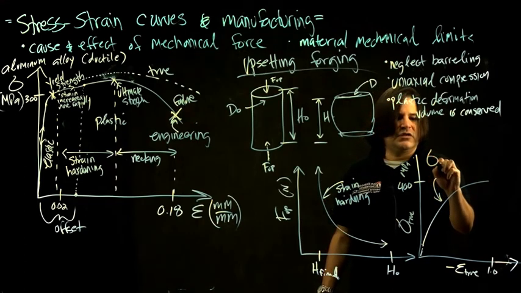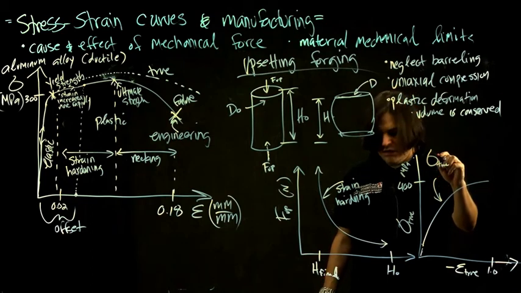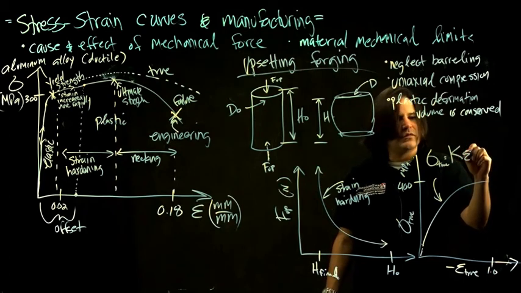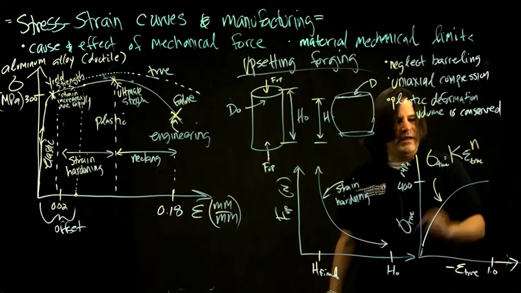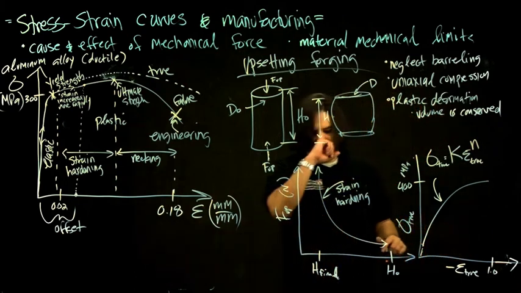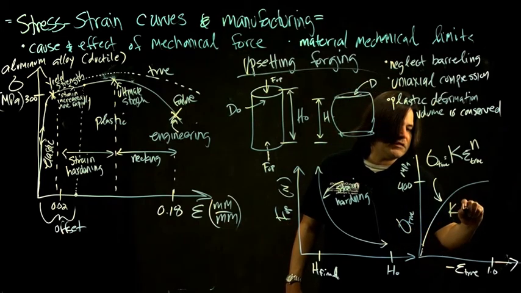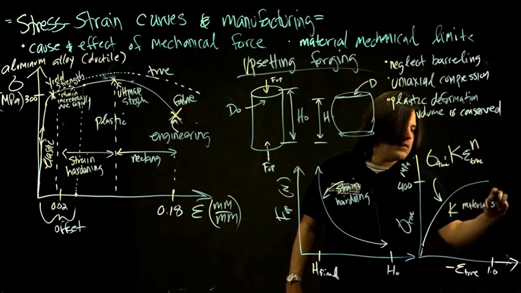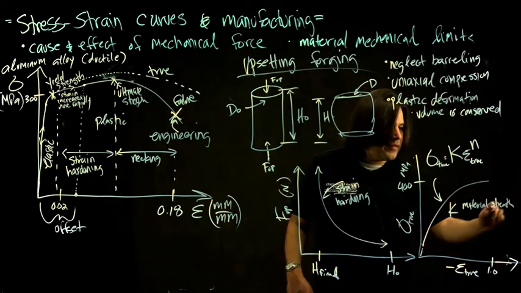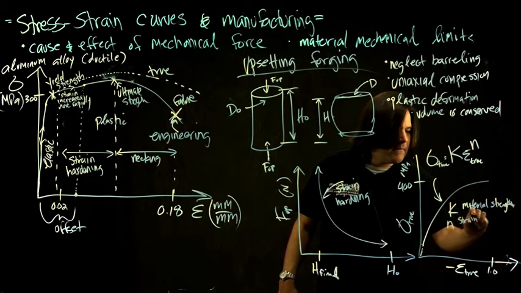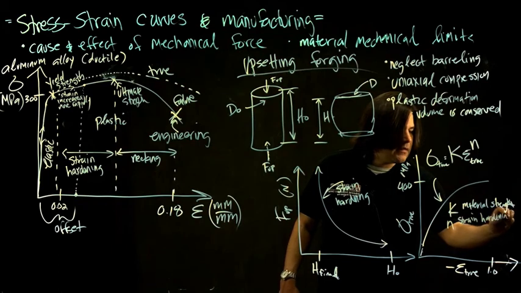So a model that's typically applied for this curve is that the true stress equals some material parameter K times the true strain raised to the n, where K is the material strength parameter, material strength, and n is the strain hardening exponent.